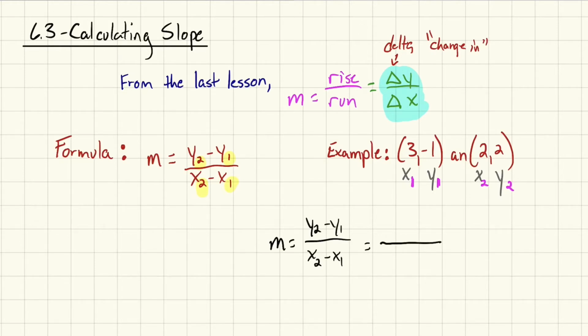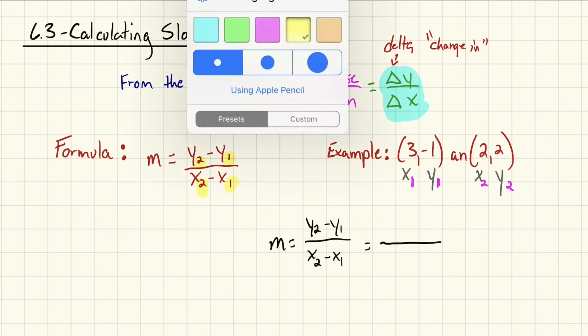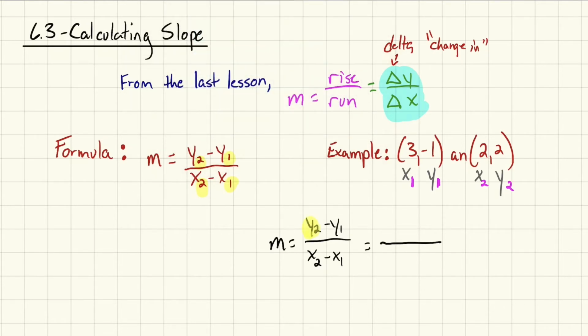So if I look, the first thing that I have to deal with is y sub 2. Well, what number is y sub 2? Y sub 2 is 2. All right, cool. So there's 2. Then my next number that I have to deal with is y sub 1. Y sub 1 is -1, and I also see that I am subtracting y sub 1, so that means I am doing 2 minus negative 1.